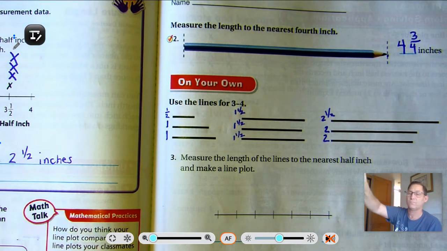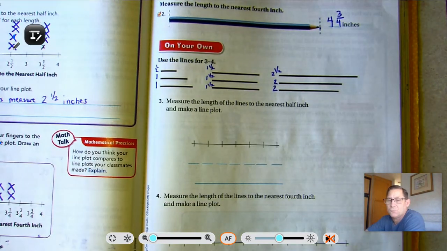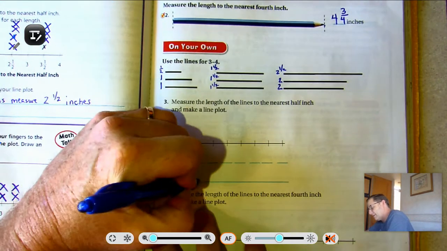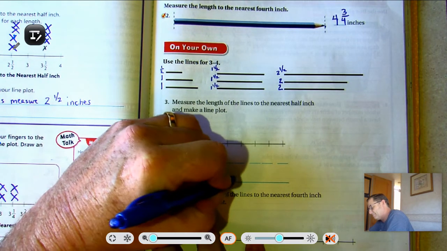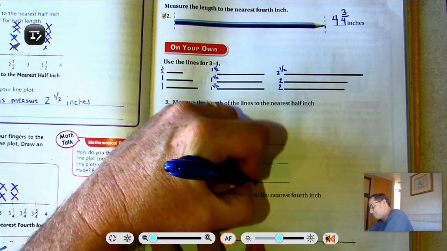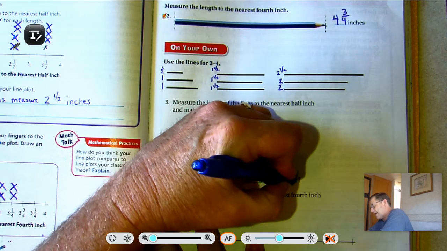All right. Well, first thing we need to do is come up with a title. So what's the title of ours? So, length of lines to nearest ½ inch.